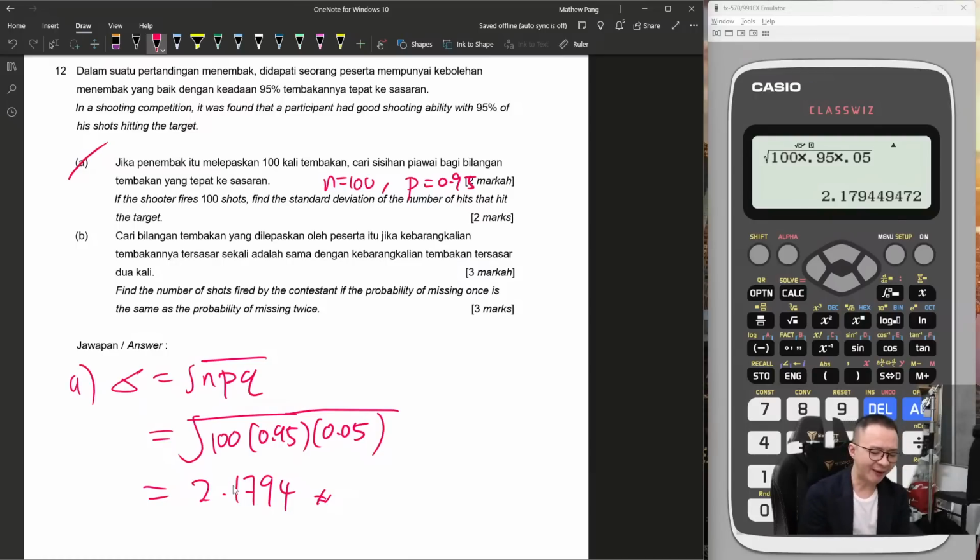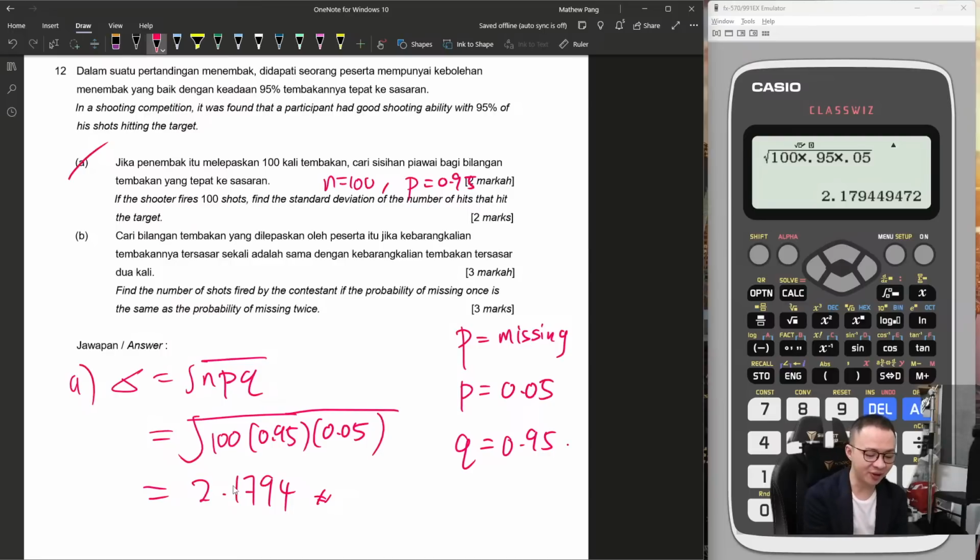Find the number of shots fired by a contestant if the probability of missing once is the same as the probability of missing twice. In this case, to make it easier, I will assume p equals the probability of missing, so p will be 0.05. q is that he hits the target, which is 0.95.